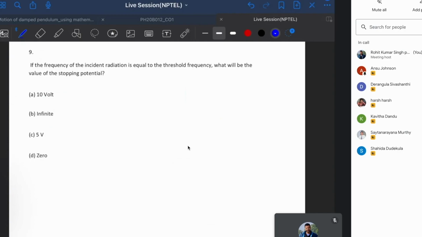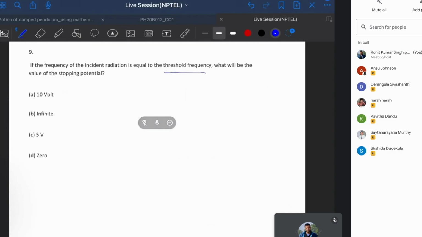Now let's go to our ninth problem. If the frequency of the incident radiation is equal to the threshold frequency, what will be the value of the stopping potential?